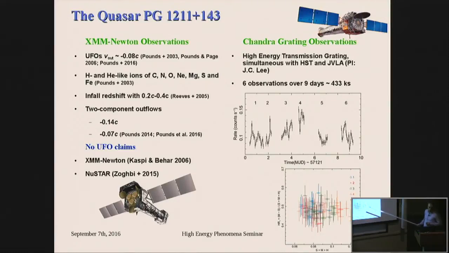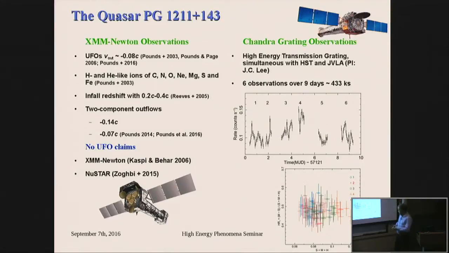We observed PG1211, which was previously observed with XMM-Newton. Pounds observed this object several times with XMM-Newton, and since 2003, Pounds has detected an outflow velocity of 0.08 speed of light. And this outflow velocity has been detected in several warm absorbers of carbon, nitrogen, oxygen, neon, sulfur, and iron.